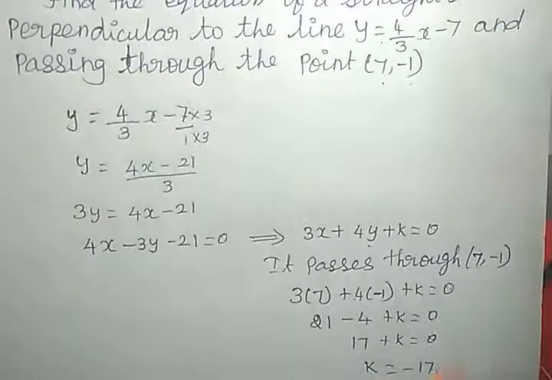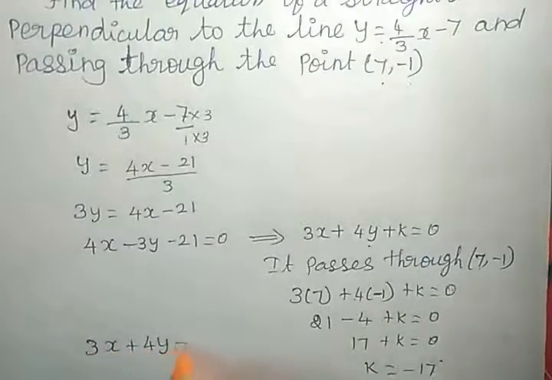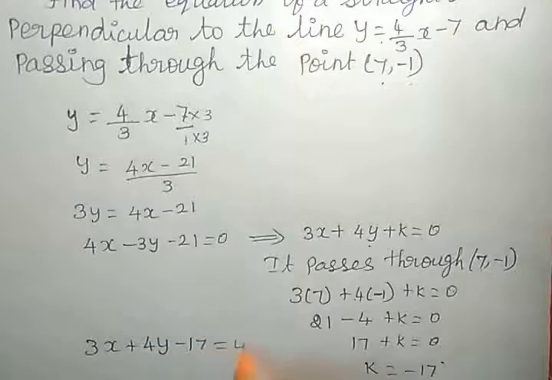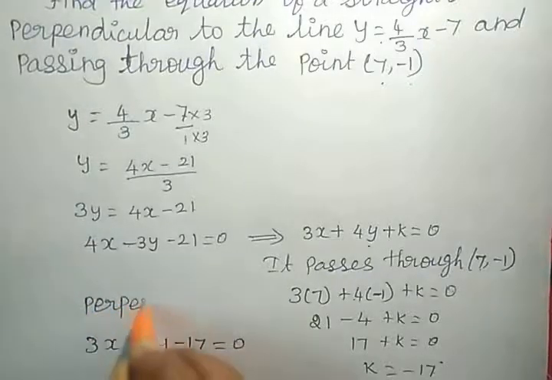Now substitute the k value in this equation. So that is 3x plus 4y minus 17 is equal to 0. So the perpendicular line to this line is 3x plus 4y minus 17 is equal to 0. This is perpendicular to the given line.